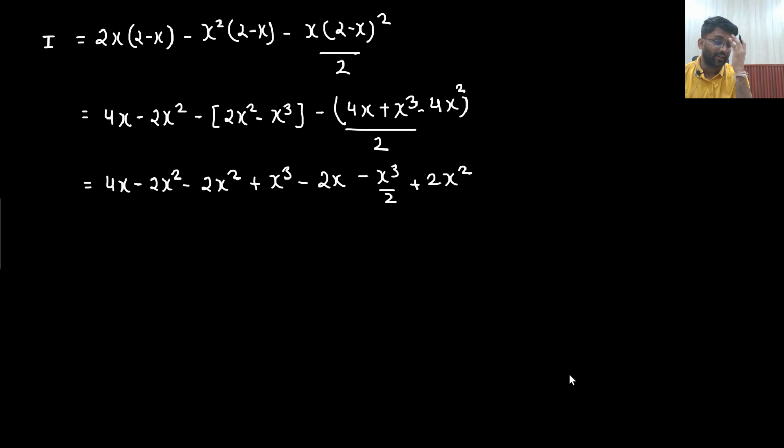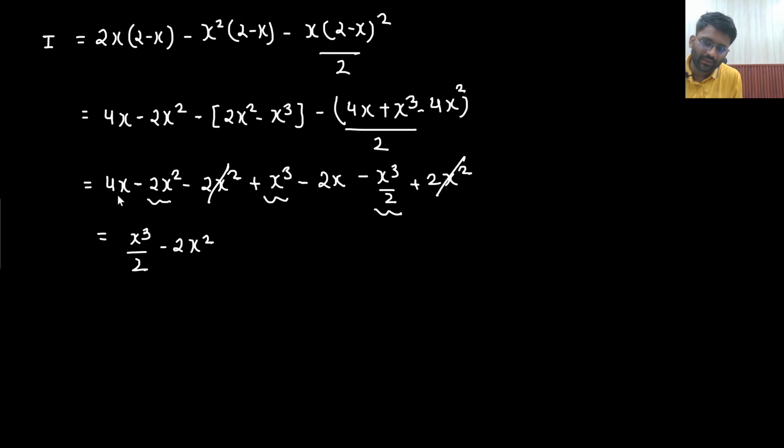Here we need to do the calculation with patience. So this and this are getting cancelled out. x cube minus x cube by 2 gives x cube by 2 only. Then minus 2x square is left. Then 4x minus 2x is equal to minus 2x. That's it.